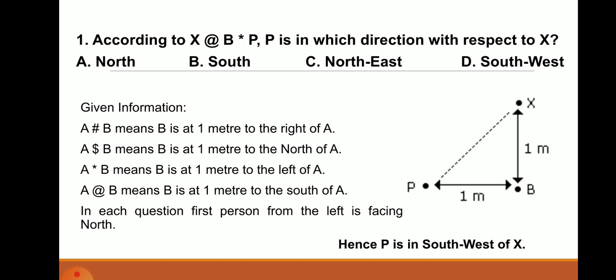So just plot the X point first. From X towards south, that means in the downward direction, point B will be there at 1 meter. So we have drawn X and B points 1 meter apart.